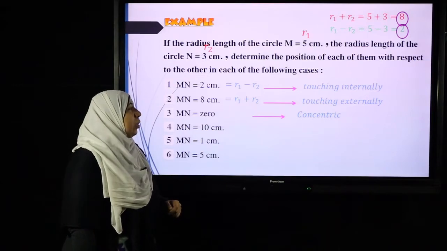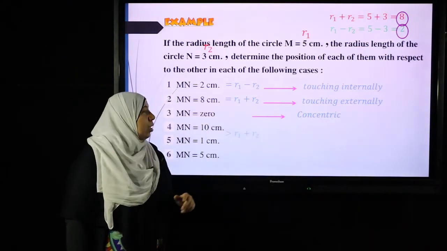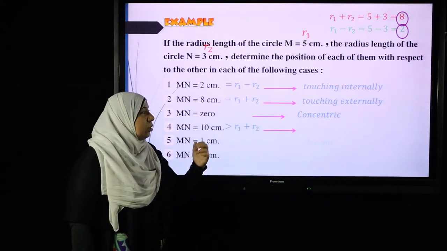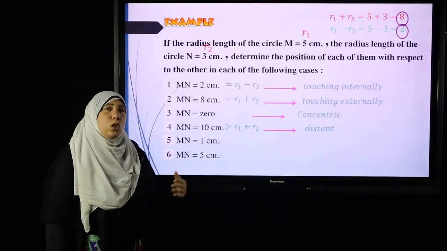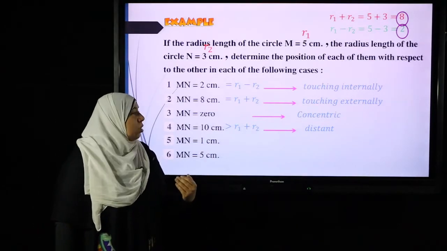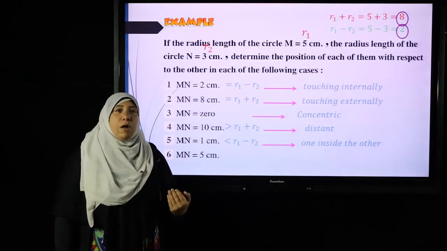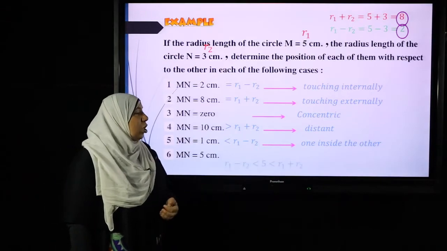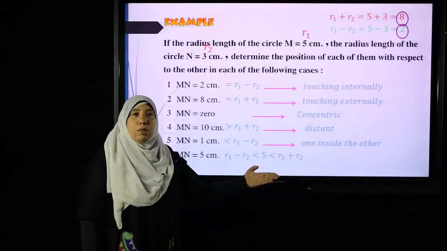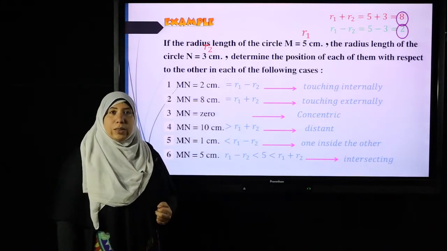If MN equals 10 centimeters, which is greater than the sum, they are distant circles. MN equal 1, smaller than the difference, so I can say that they are one inside the other. And the last position, MN equal 5. 5 here is a number between the difference and the sum, so I can say that these two circles are intersecting.